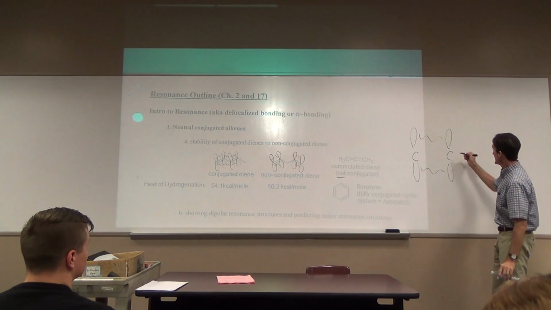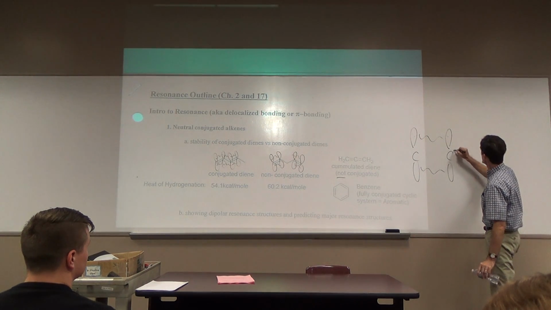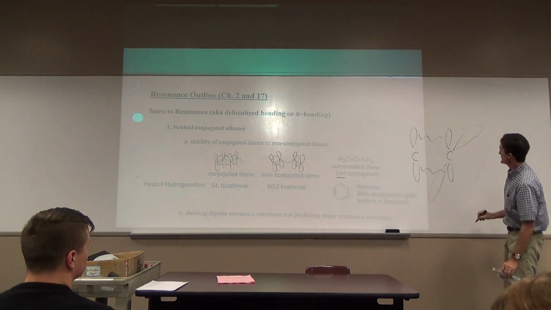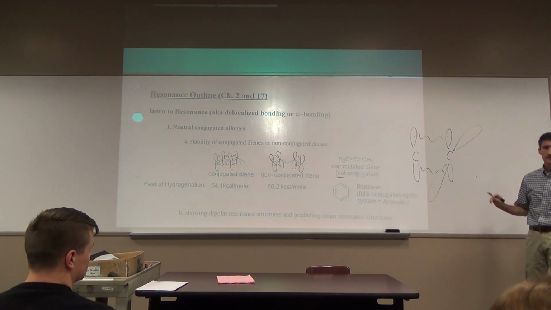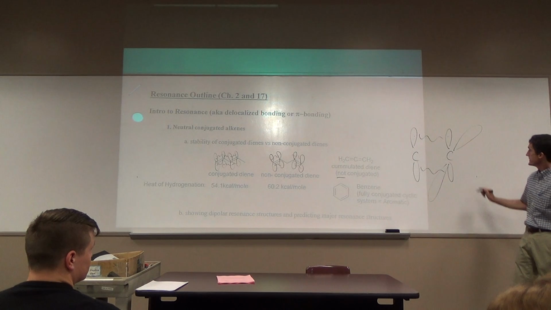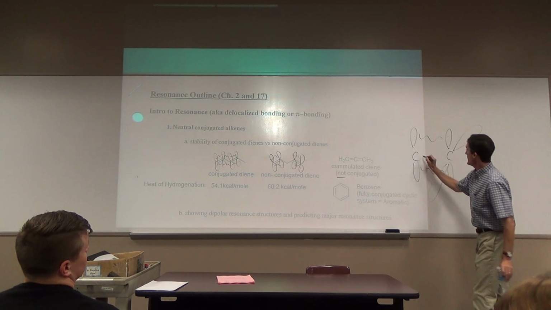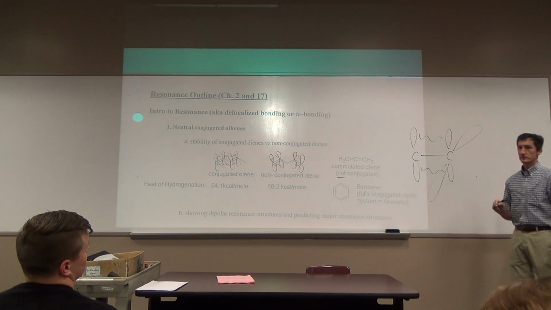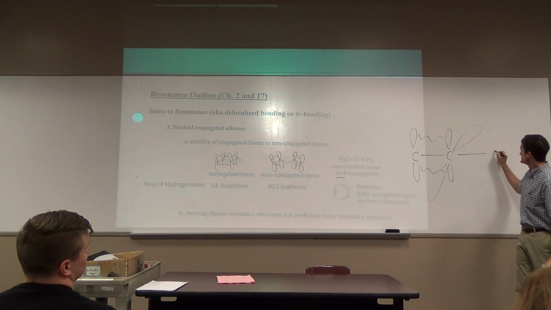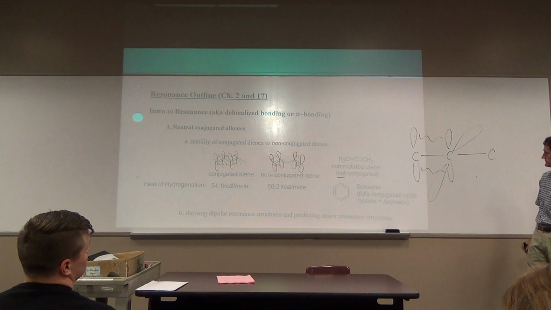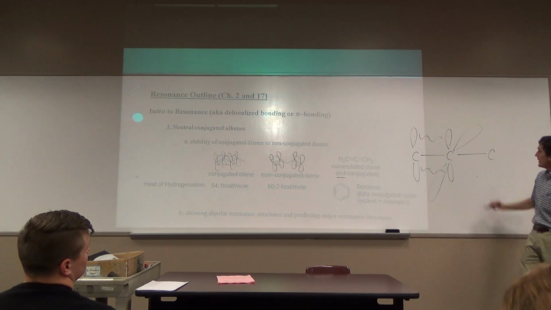I can't draw it straight out, so I'm going to draw it something more like this, and maybe make it look a little bit bigger just to make it distinguishable. They're the same size. Okay? And oh, by the way, there is a sigma bond between those over there, and there's a sigma bond between these. One electron. Well, what's that?